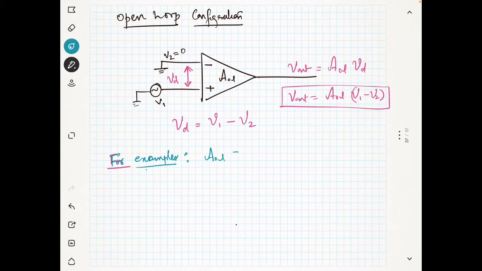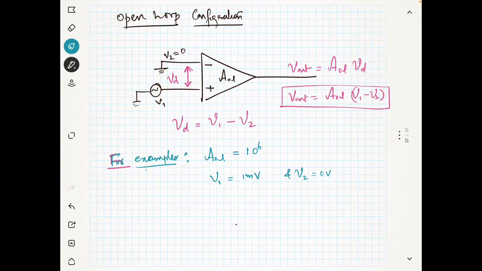Say you have an op-amp with open loop gain of 10 power 6, like our previous example, and V1 is 1 millivolt and V2 is equal to 0 volt. Now what will be the output?